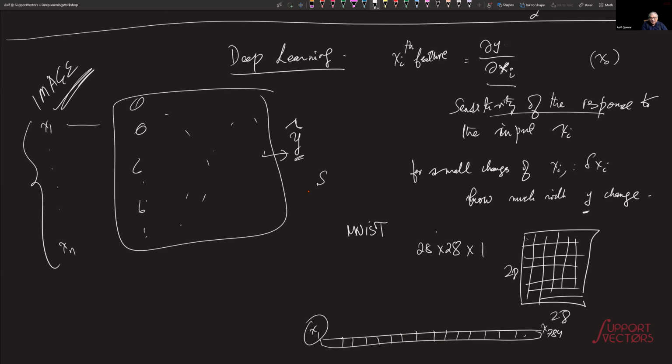So now comes the question. You know the importance of each pixel. Now think of the physical intuition. If the model is telling you it's a cat or dog, and the response of it, before you feed it into the softmax, is highly dependent on this pixel.